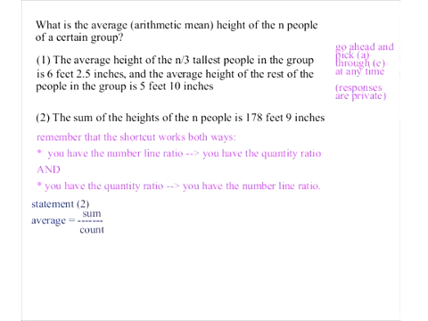In this case, we have the sum, but we don't have the count. So that's not going to work. If you use our grid here, BD is probably the easier way to go. So this is not going to be sufficient.